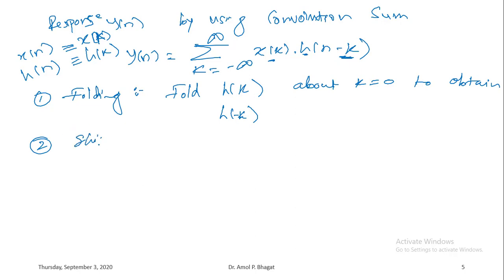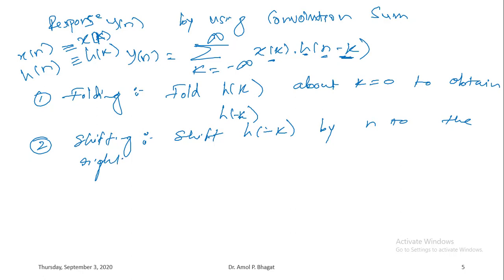Shifting operation: you are shifting this h of minus k by n samples. This n can be negative or it can be positive. So shift h of minus k by n to the right, or you can shift it to the left, depending on the value of n, whether it is positive or negative.